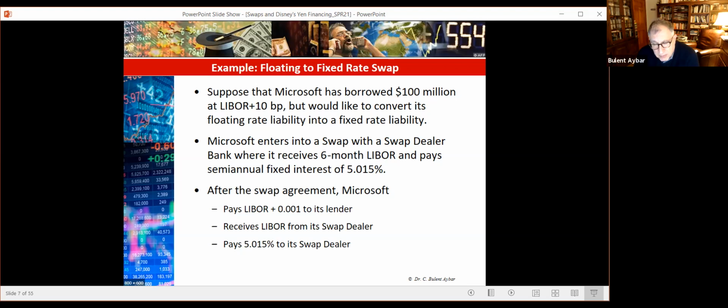In this deal, it is going to receive the LIBOR payment semi-annually from the swap dealer and offset its payment that it is going to make to the lender. And this will leave Microsoft with only the markup in this case, which is 10 basis points. In exchange, it is going to make a fixed interest payment of 5.015% to the swap dealer, again, on a semi-annual basis.